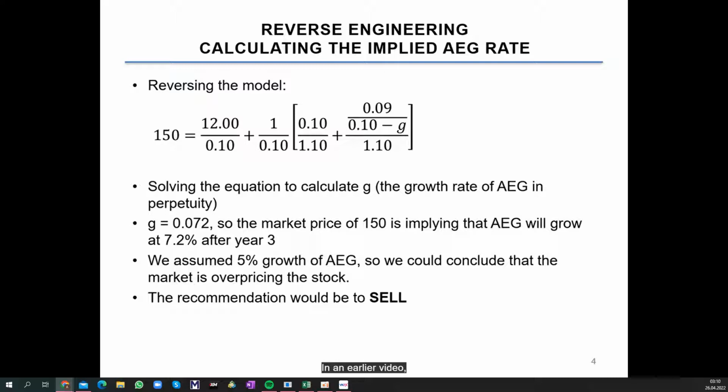In an earlier video, we had assumed a 5% growth rate in abnormal earnings growth from year 3 onwards. In such case, we would conclude that the stock is overvalued because investors overestimate the growth rate in abnormal earnings growth, 7.2% versus 5%. The stock recommendation would therefore be to sell.